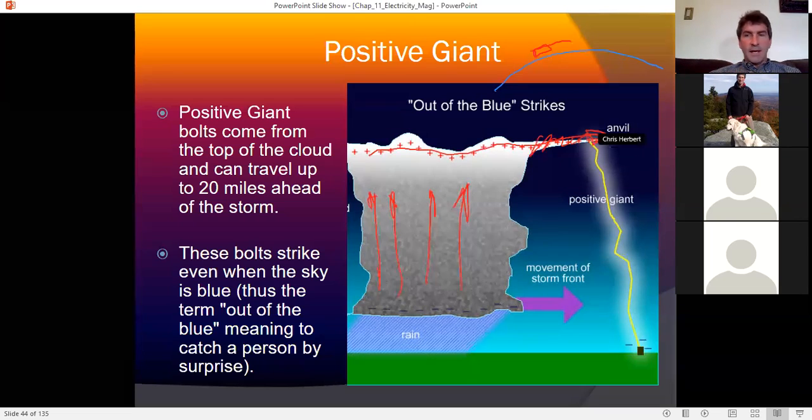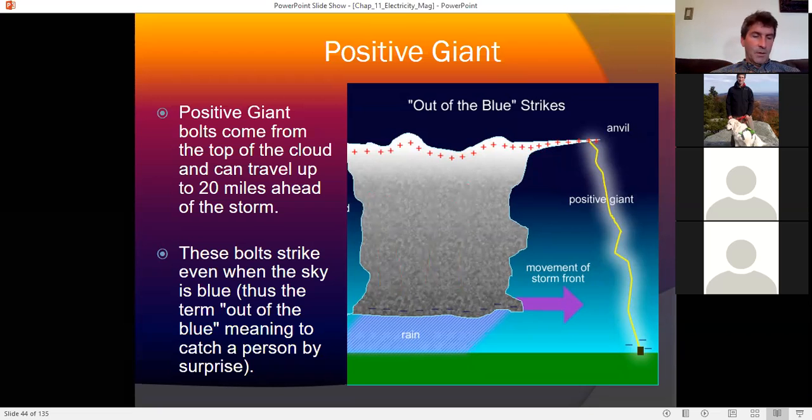Very rarely, these high altitude clouds will discharge, and the positive giant, this very deadly form of lightning, can hit you even if the sun is out. So, rule of thumb, you hear thunder, you can get struck by lightning. Even though the main part of the cloud hasn't arrived yet, the anvil can still get you. So the term out of the blue comes from these positive giants, which can happen even when the sky is blue.